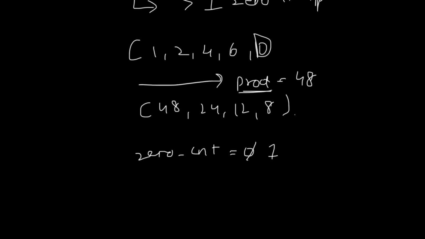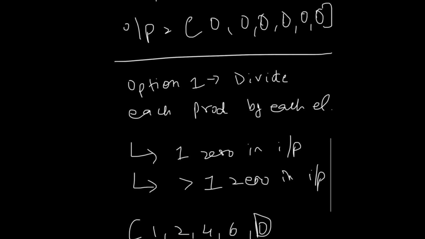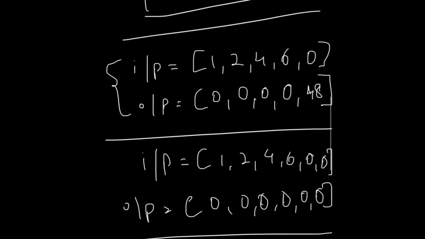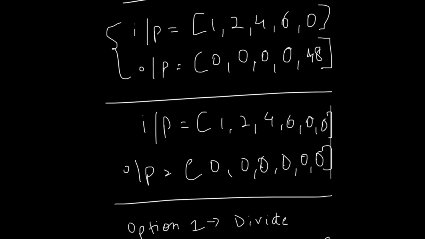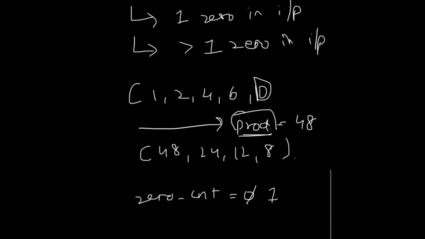Basically, if we come across a 0, we don't want it to contribute to the product, because if you remember, in this case, even when there is 1 zero, the result for that index where we have the 0th element is still going to be the product itself, because that 0 will not contribute to the multiplication of all other elements, which is 1, 4, and 6. So we still want to keep a track of that product when we have the first 0 in our input array.